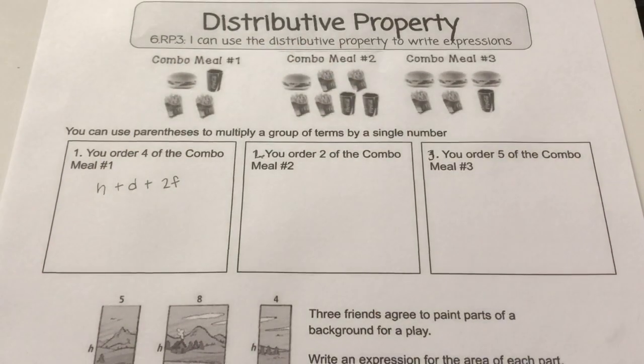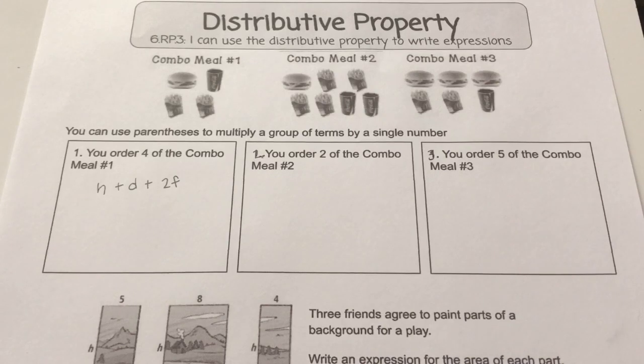And I'm going to indicate that with a little 2F, just to indicate that there's 2 french fries there. So that's an expression for how many items are in combo meal 1. Now, if I want to order 4 of those, how many of each thing am I going to end up with?